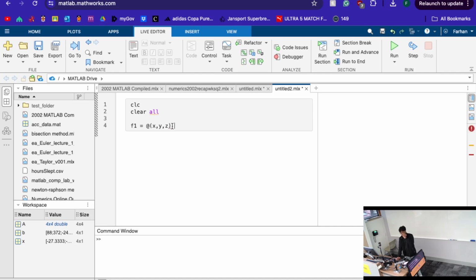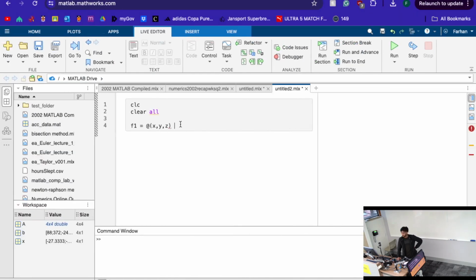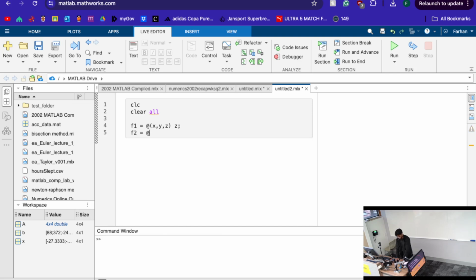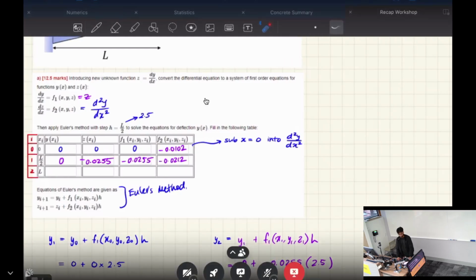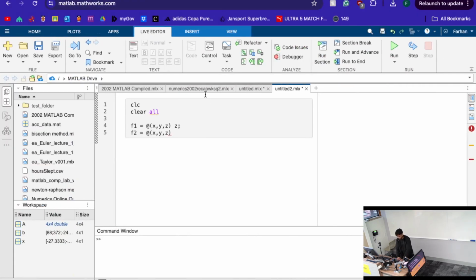The reason I'm saying x, y, z is because it's in terms of x, y, and z. What would the first derivative be in terms of x, y, z? Yes, z. Then f2 at x, y, z is equal to the second derivative, which is what we know from here. So I'm going to quickly check that in.